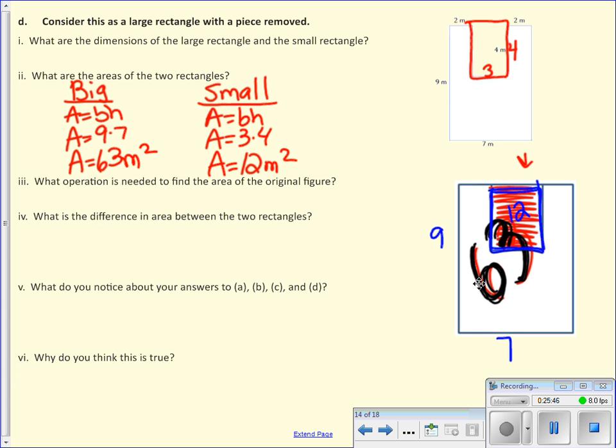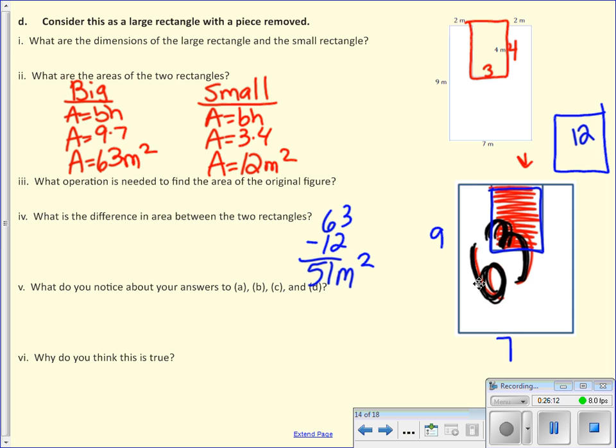So if I want to cut this 12 out, what operation am I going to use now? No. I just took it away. I took it away. I'm going to subtract. So now 63 minus 12, 51 meters squared.